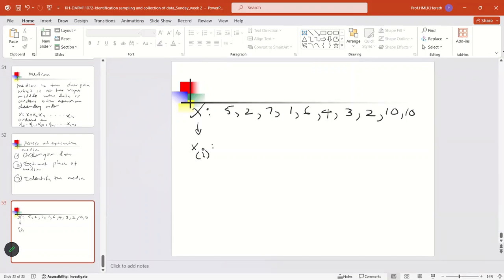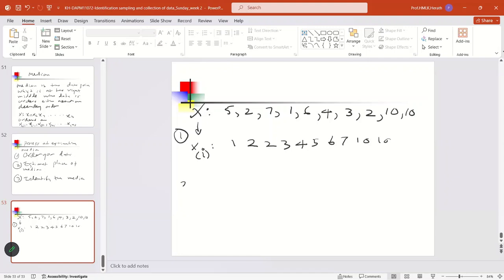The lowest number is 1, the second lowest is 2, then we have again 2, we have 3, we have 4, we have 5, 6, 7, and 10, 10. We have 10 data points. Now step 1 is done.